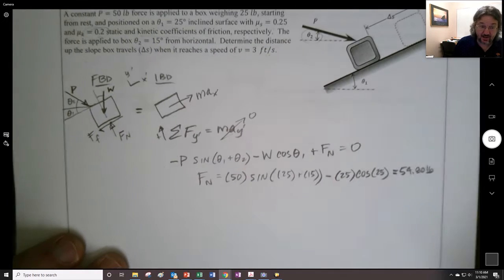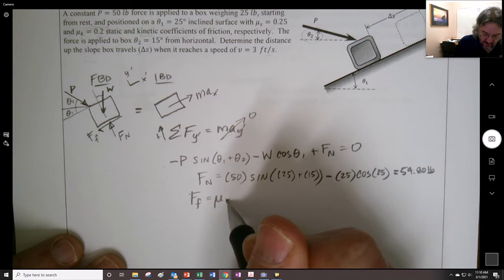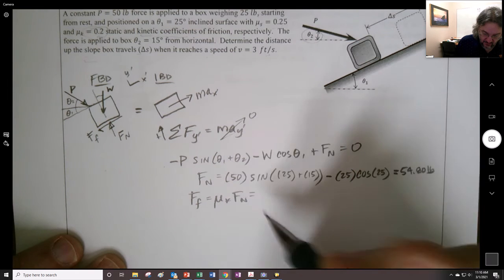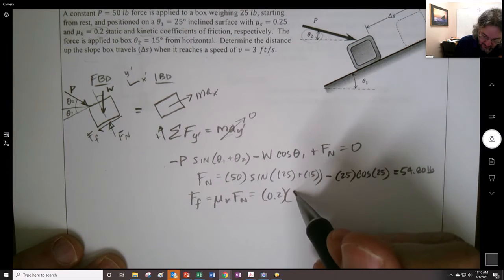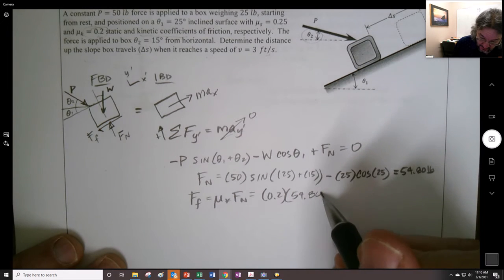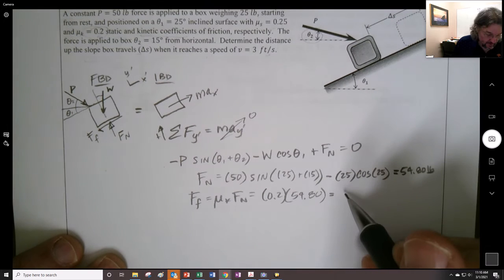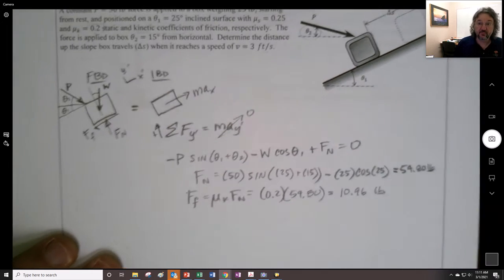That's what we got in the last class. We did that so that we could find what the friction force was going to be. So we take the 0.2 times that 54.80, and what we're left with is 10.96 pounds.